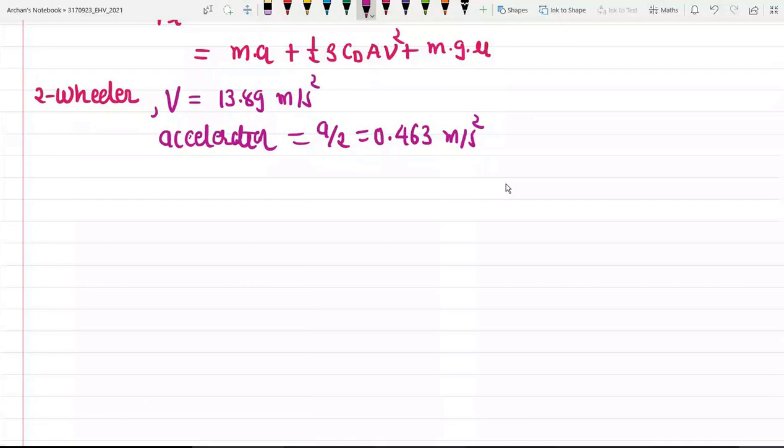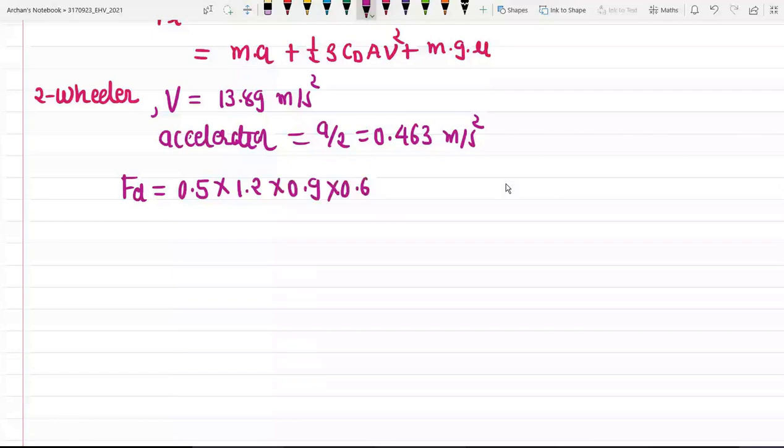Aerodynamic drag Fd is given by 0.5 into 1.2 into Cd 0.9, area 0.6, and velocity 50 kilometer per hour, that is 13.89 meter per second, squared, and this comes around 62.51 Newton.